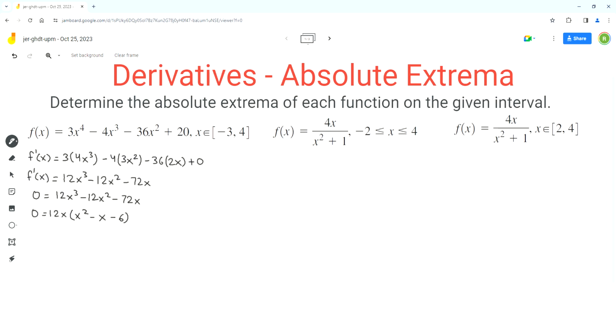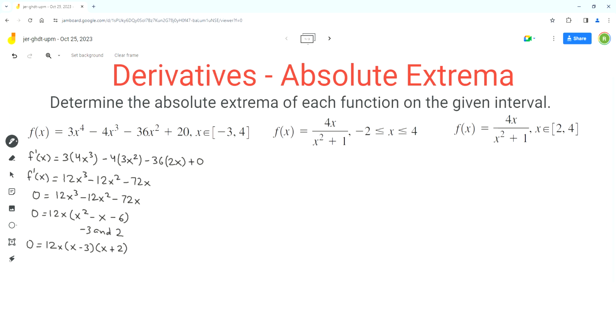The numbers are -3 and 2, because -3 plus 2 is equal to -1, which is the coefficient of the x term, and -3 times 2 is -6. So our factored form will be 0 equals 12x times x minus 3 times x plus 2.